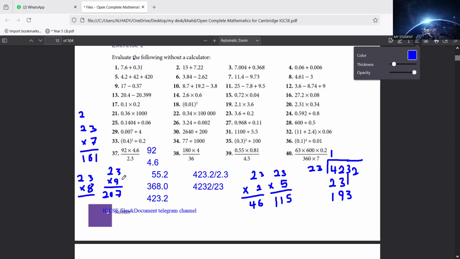Okay, so you just multiply: 8 multiplied by 3 is equal to 24, 4, and you carry over 2, and then 8 multiplied by 2 is equal to 16, and 16 plus the 2 is equal to 18. So by 8 is smaller and by 9 is bigger. So we're going to take what? We're going to take by 8, which is equal to 184.